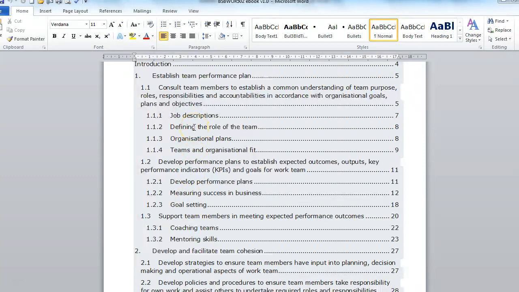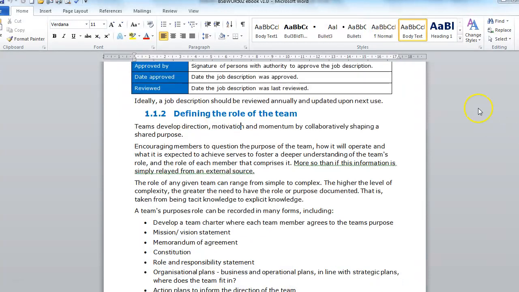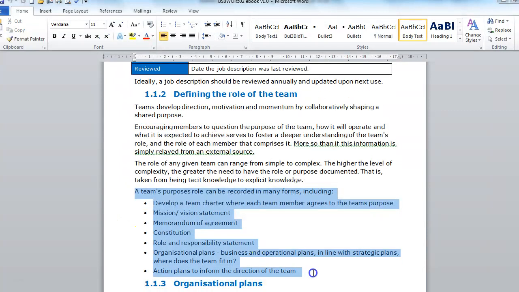Maybe it's even 1.1.2. There we go. Excellent. So teams develop direction, motivation, and momentum by collaboratively shaping a shared purpose. Okay, great. So a team's purpose. I think these things actually work better in this question.